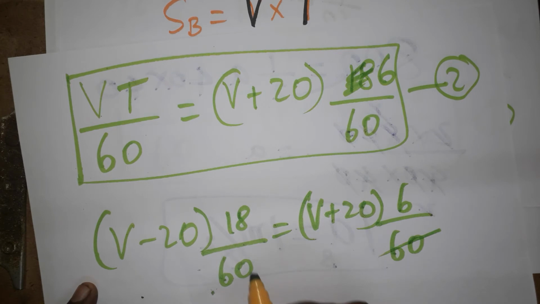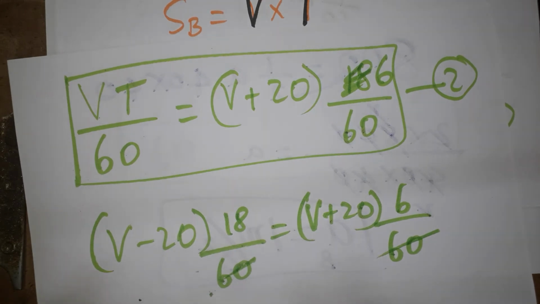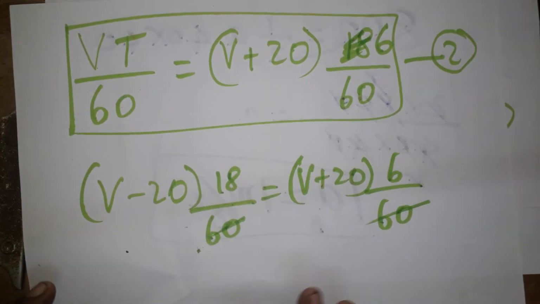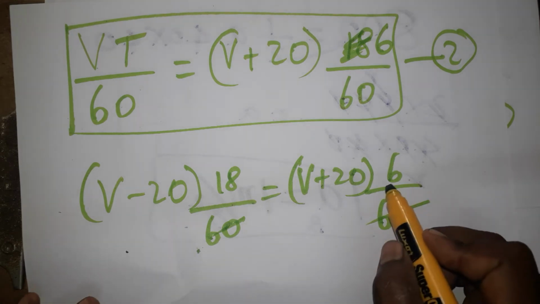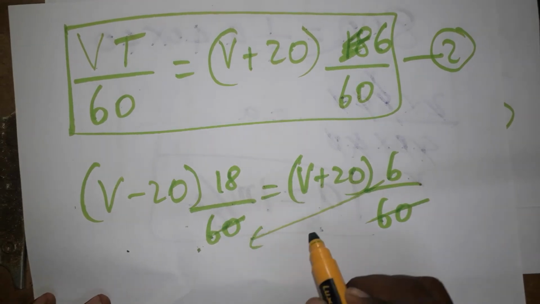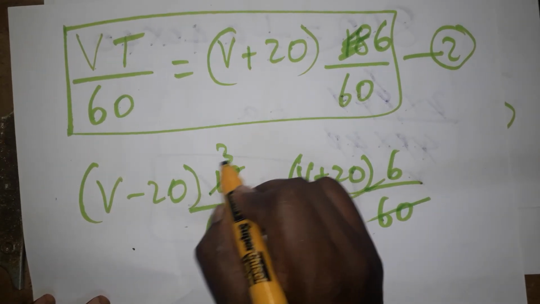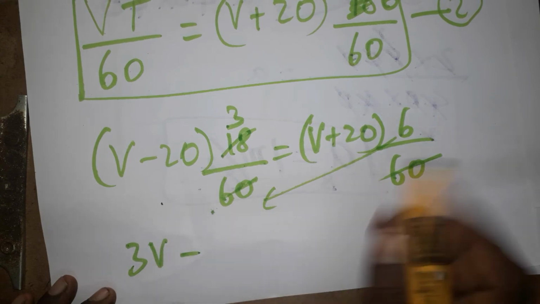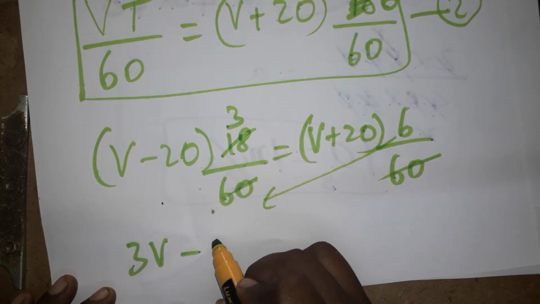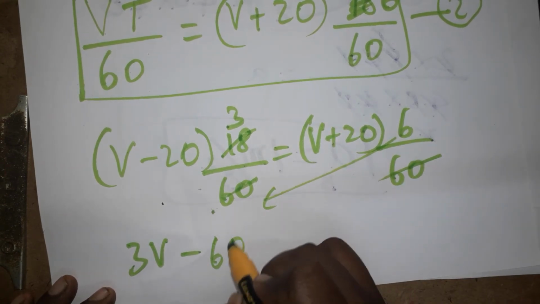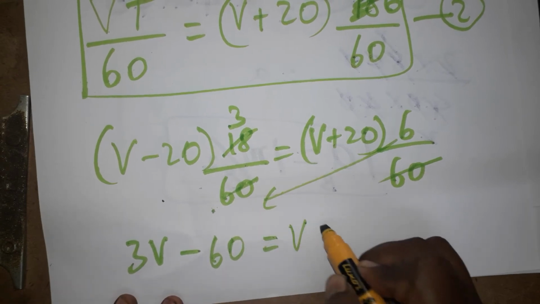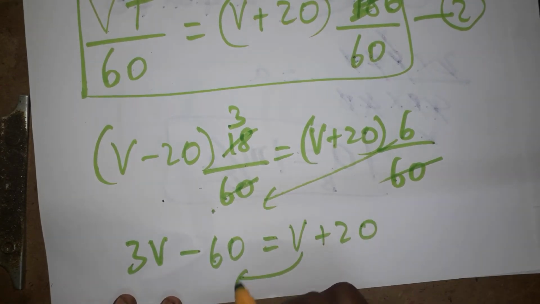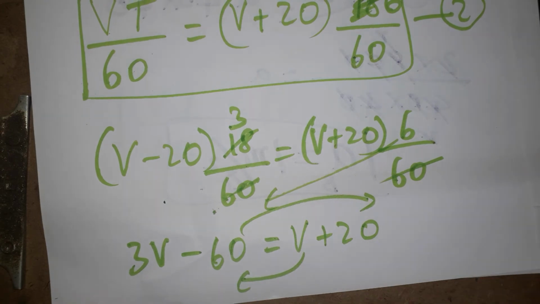Okay, 60 and 60 get cancelled. Now we will see what we are going to get. 6 and 18, you can bring this side, so it's going to be 3 times, cross multiplication only. 3 times (V minus 20) is equal to V plus 20, so 3V minus 60 is equal to V plus 20. So V you can bring to this side, 60 you can bring to this side.